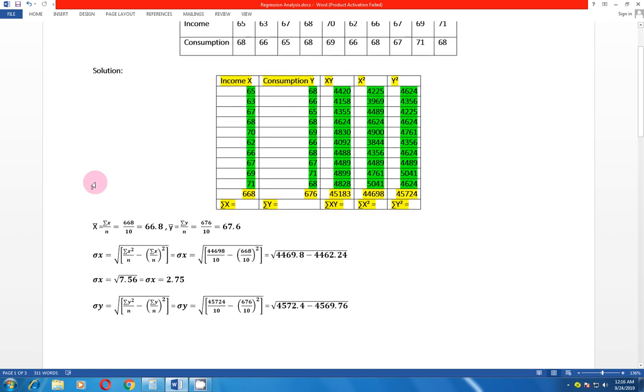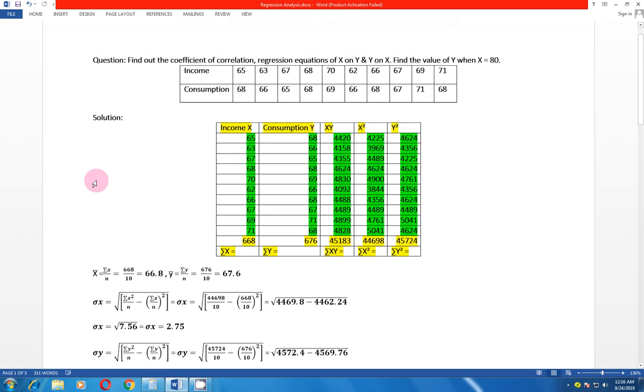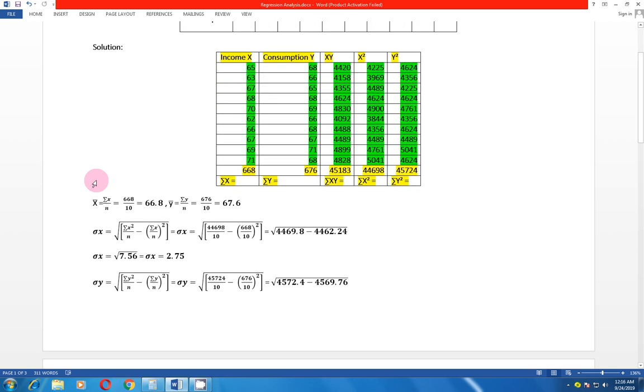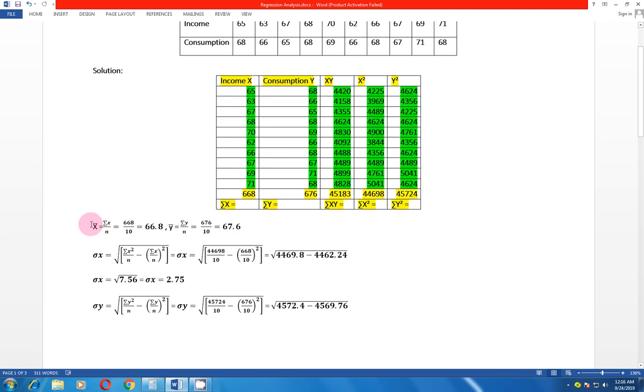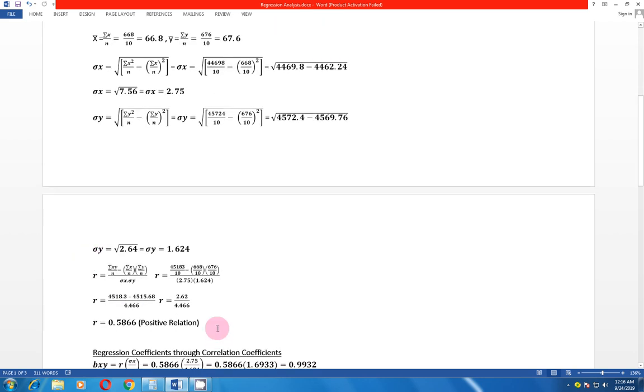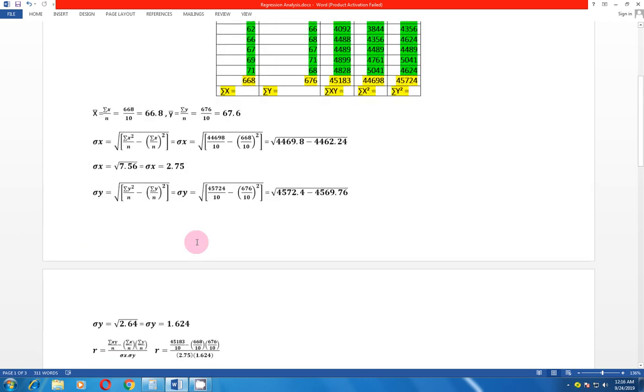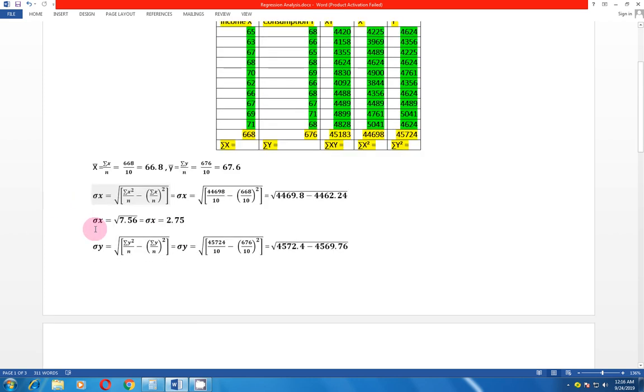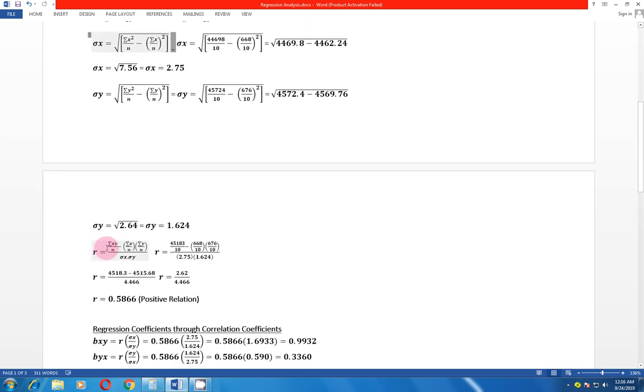There are a lot of methods to do regression analysis, but here we use two different methods. One is the method through the correlation coefficient. So first of all we calculate the correlation coefficient, which I discussed in the previous video. The same calculation is done here. The formula for the correlation coefficient is sum of xy divided by n minus mean of x multiplied by mean of y, and the whole divided by standard deviation of x and standard deviation of y.